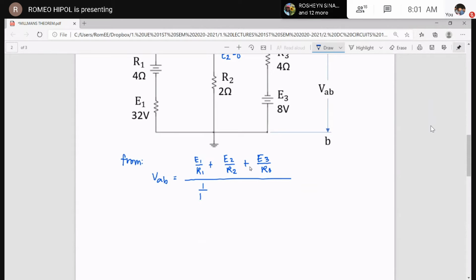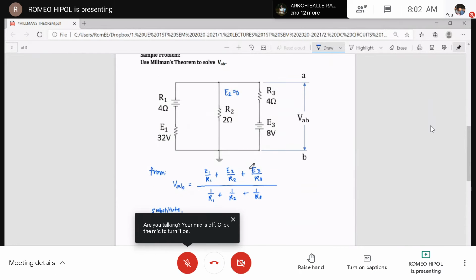So we have 1 over R sub 1, 1 over R sub 2, 1 over R sub 3. Okay. If we are going to substitute the given values to the derived formula, okay, substitute natin yung mga values.